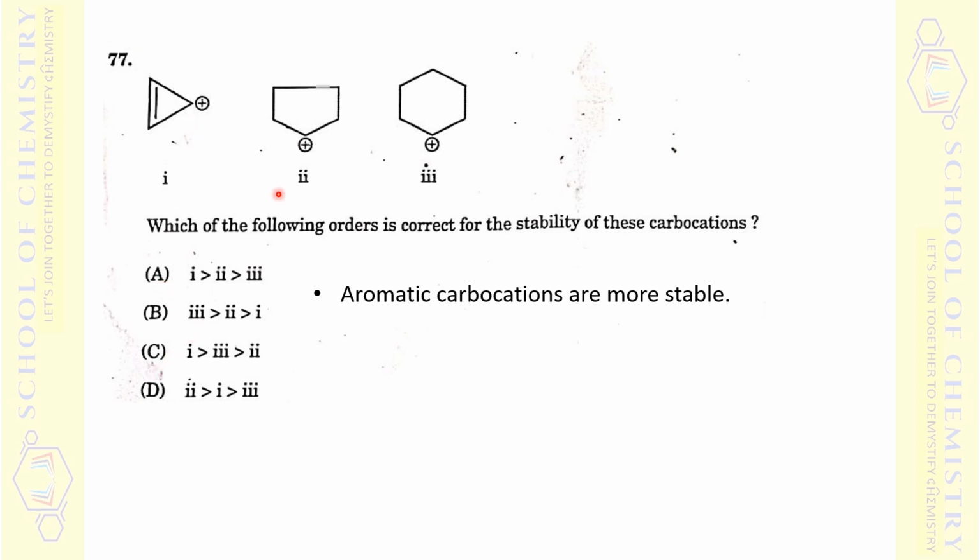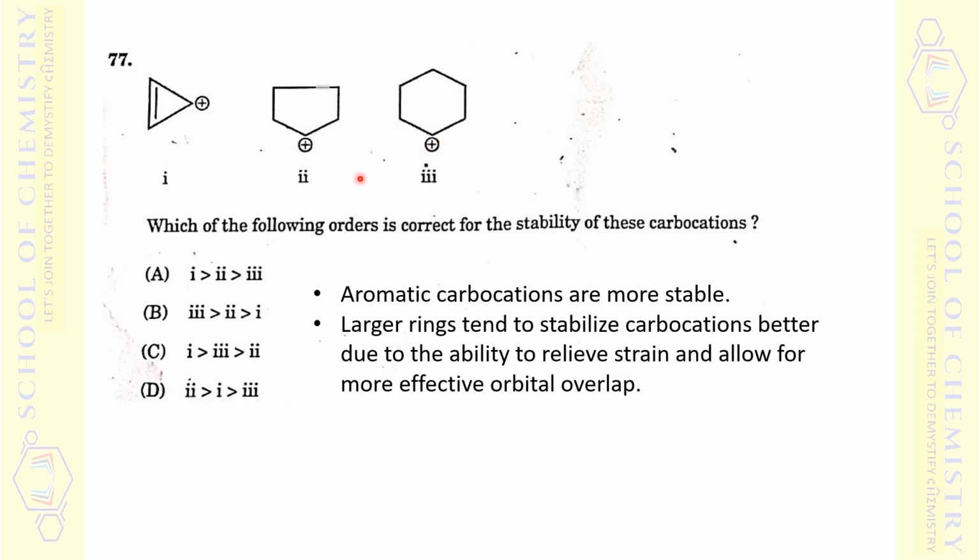The next thing, between these two: this is the cyclopentylium cation, and this is the cyclohexylium cation. Which is more stable? According to the literature, when the ring size is larger, it tends to stabilize the carbocations due to its ability to relieve the strain, and even more hyperconjugation is possible.